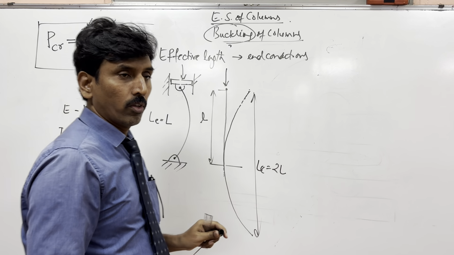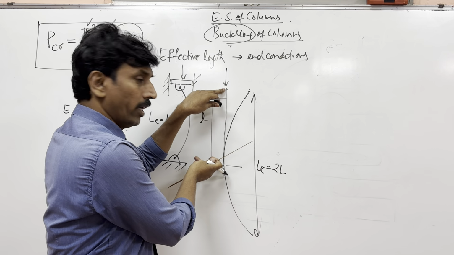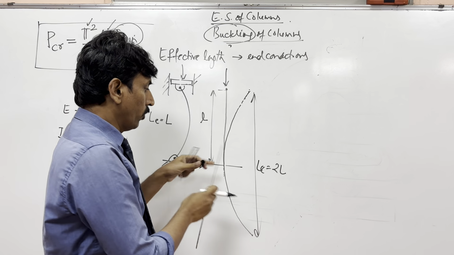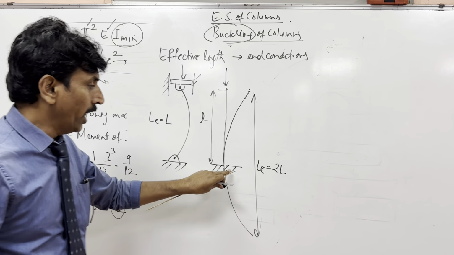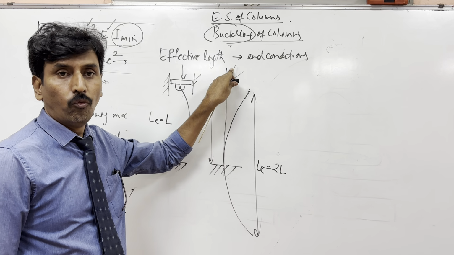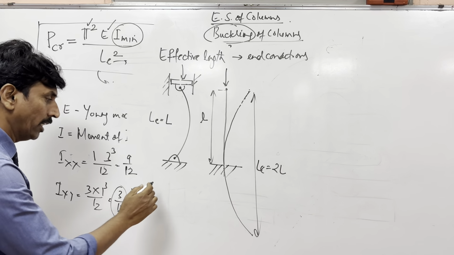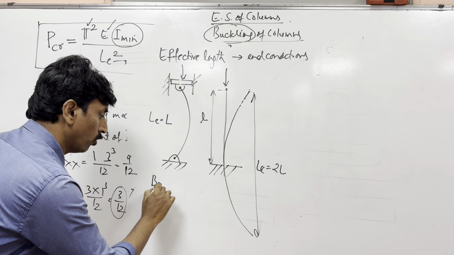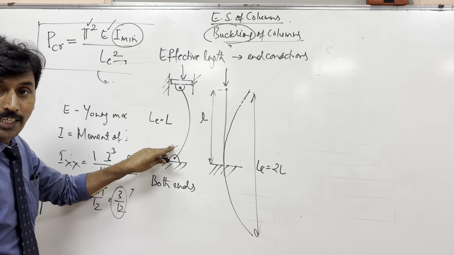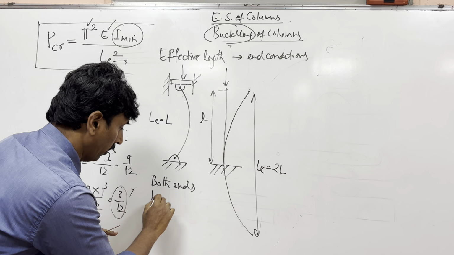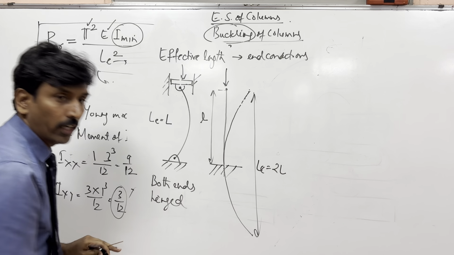So if this column is 1 meter and you hold it like this, one end fixed, other end free. Guys, let me write here. Now what should I write here? Both ends hinged. Hinged and free are different.